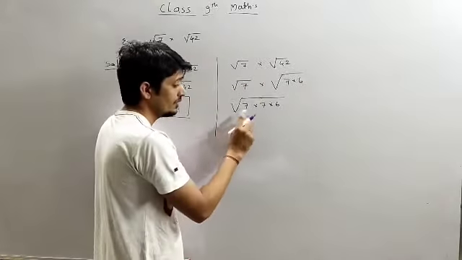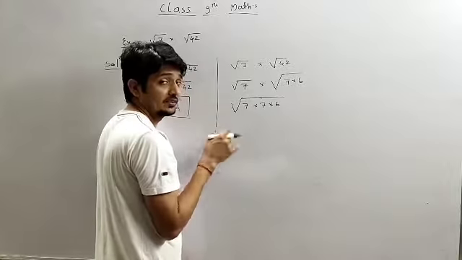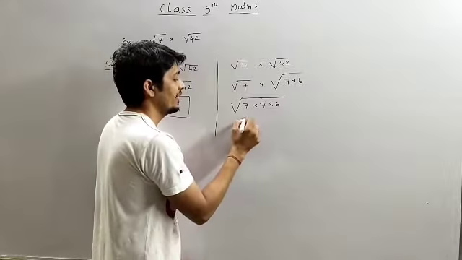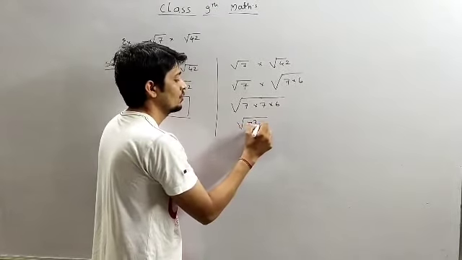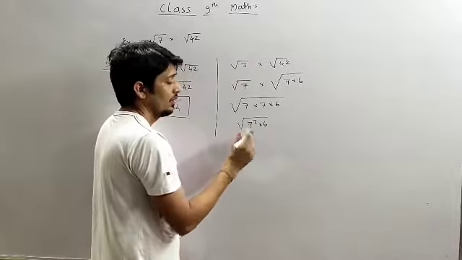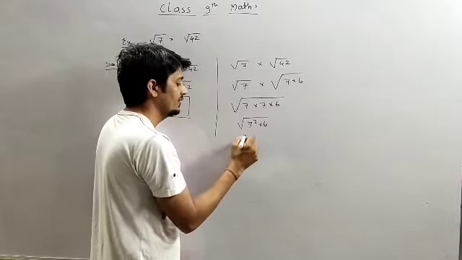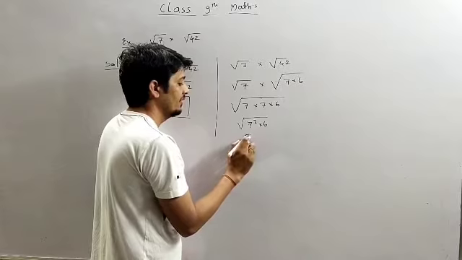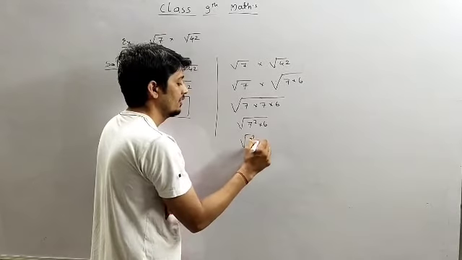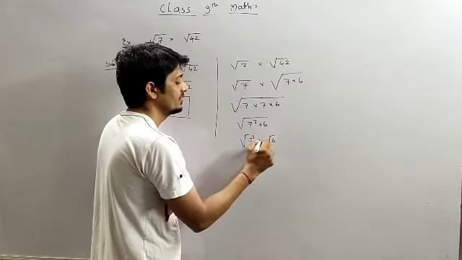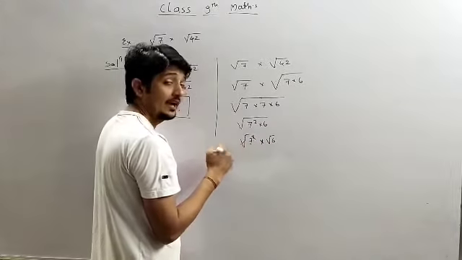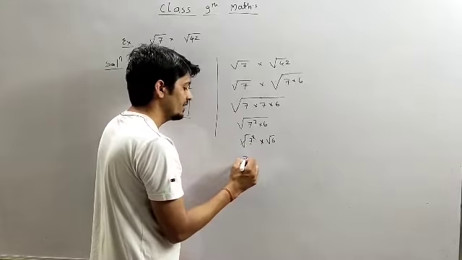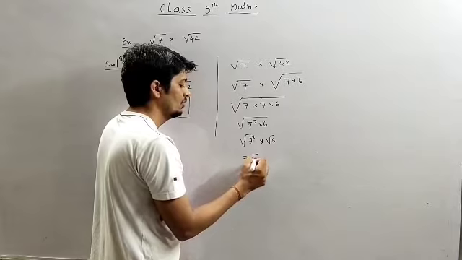Then we know 7 into 7 is the square of 7, so we can write 7 square into 6, or we can write separately as root of 7 square into root 6. So square and root will get cancelled, so we will get the answer 7 root 6.